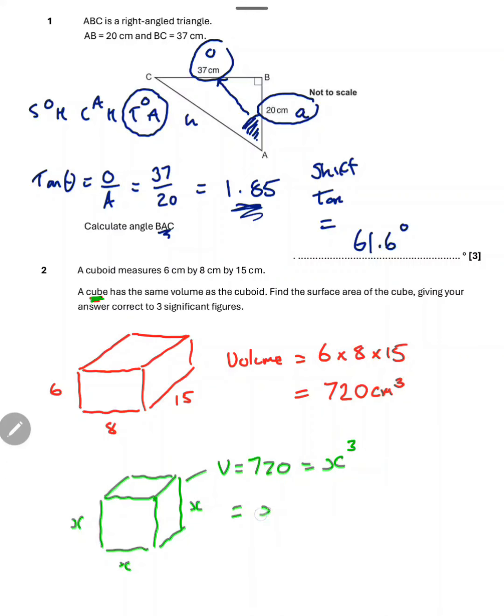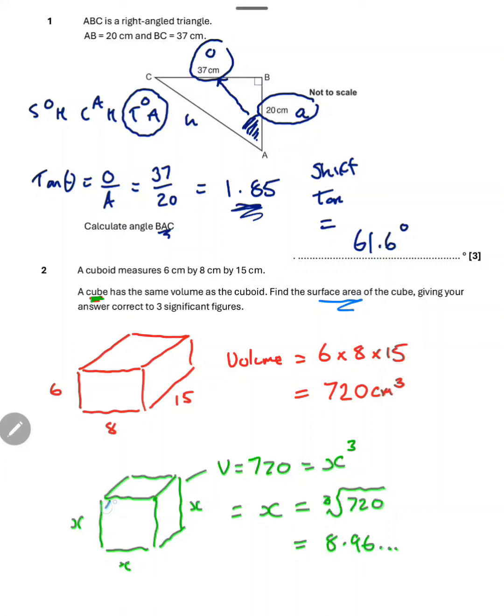What we can do is find the side length x just by finding the cube root of 720. So I'm going to bash that into a calculator. And we get 8.96 blah blah blah. Leave that in your calculator, because then the question talks about surface area.